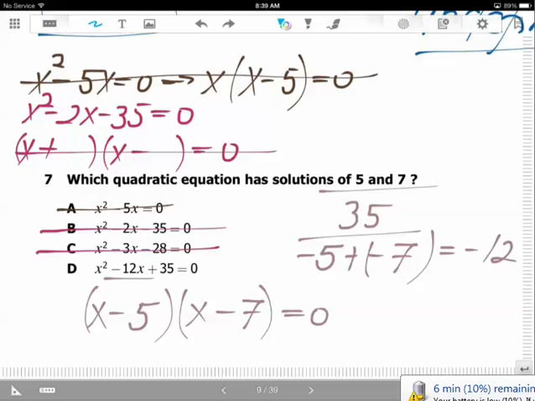I mean, this is another way in which you can solve, okay? The right answer will be D, x squared minus 12x plus 35 will have 5 and 7 as solutions.